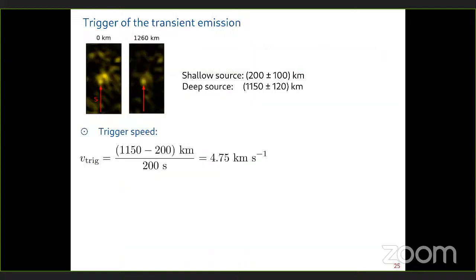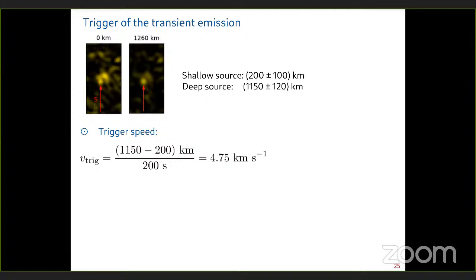So this secures a causal relationship between the first shallower source and the deeper source. So we can calculate the trigger speed of these events. The trigger speed, regarding the distance between these kernels and the temporal evolution of these two, gives us that the trigger velocity is around 4.75 kilometers per second.